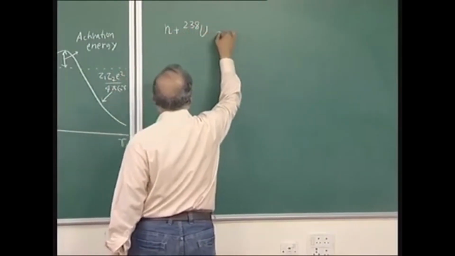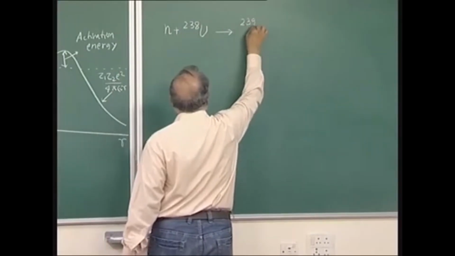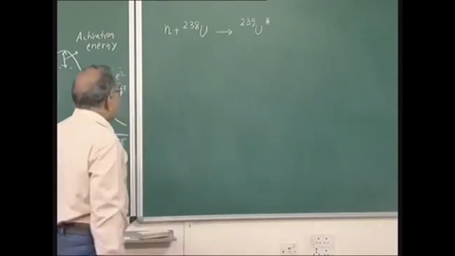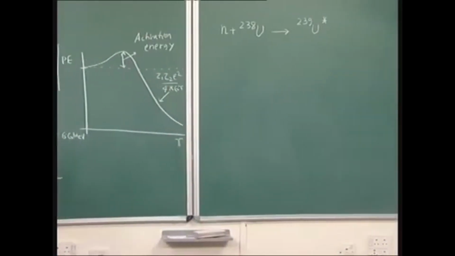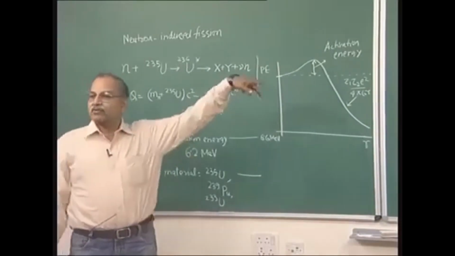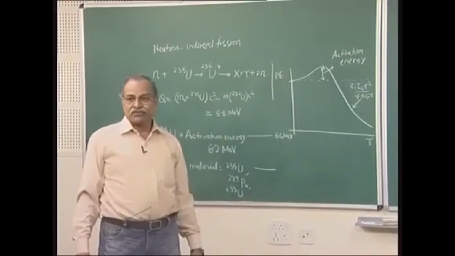If this gets absorbed here, it will make uranium-239 in excited state. What is the excitation energy? How much above ground state is this uranium-239 created if this neutron has almost 0 energy?